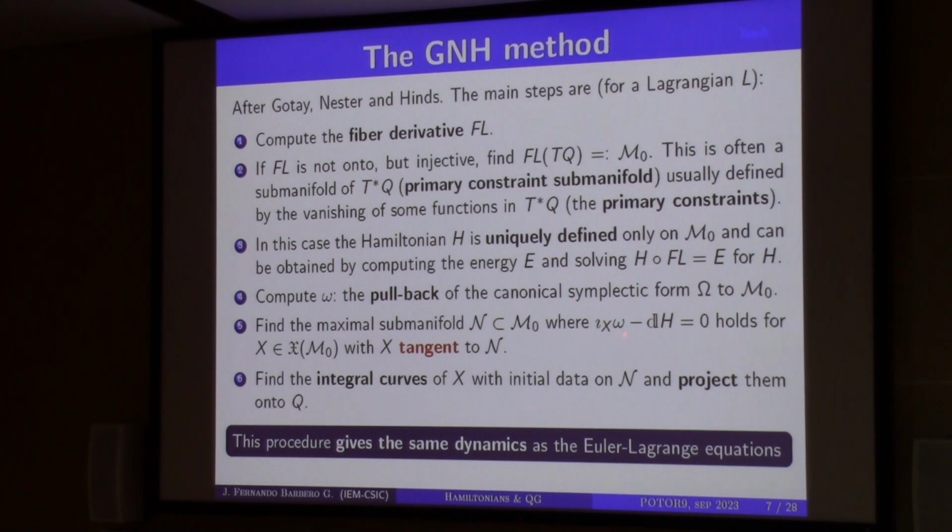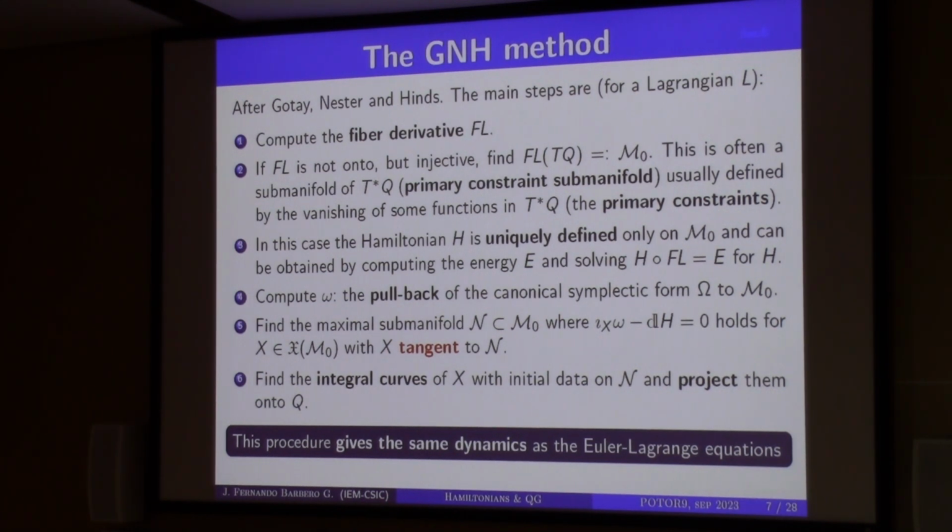Now, the fact that your fiber derivative is injective means it will be actually a bijection onto its image. So the equation that you have to solve in order to find the Hamiltonian can actually be solved as long as you just restrict yourself to this primary constraint submanifold. So you cannot immediately find a Hamiltonian defined on the whole phase space, but you can definitely find a Hamiltonian on this primary constraint submanifold.